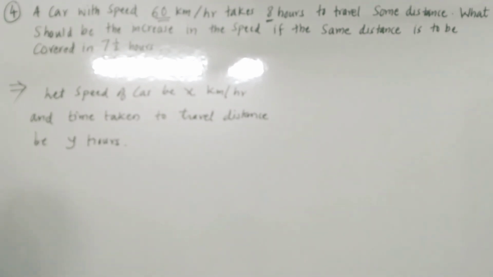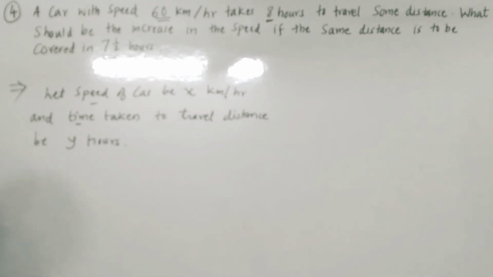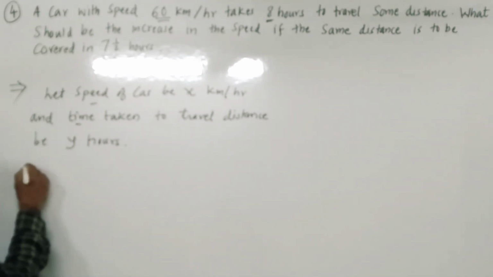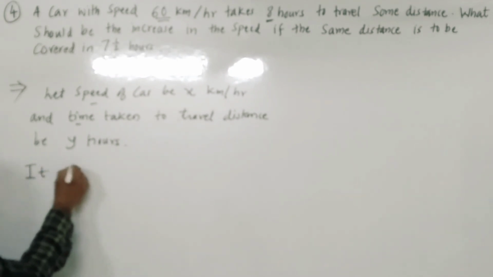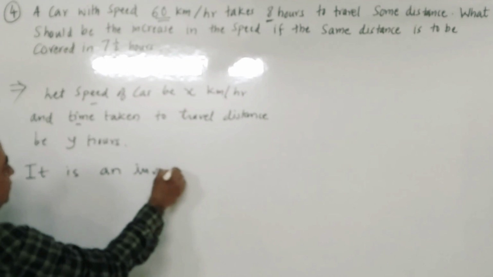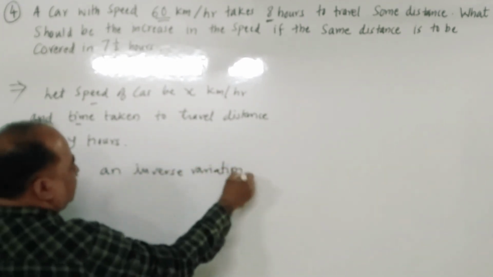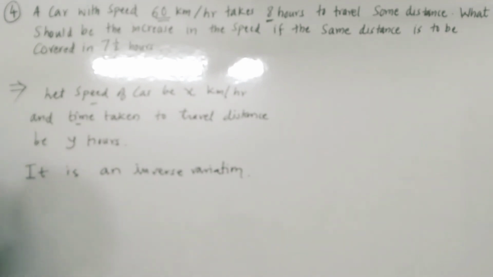Now, the example based on time and speed is an inverse variation. If speed increases, time is going to decrease.